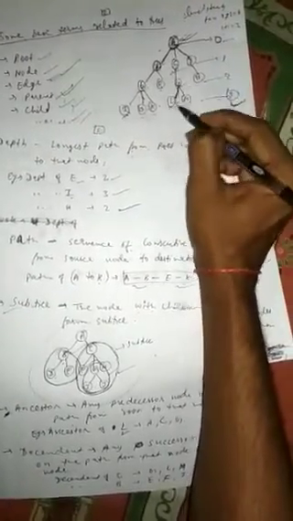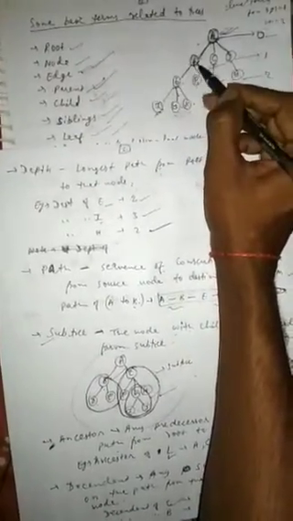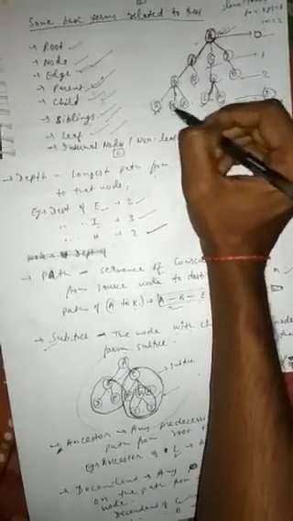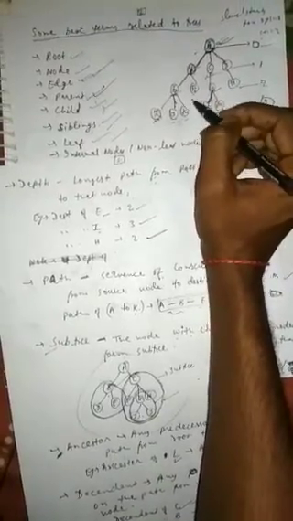G, L, M. So here G, L, M are the descendants of C. When we take B, what are the nodes below B? E, F, I, J, K. These all five nodes are descendants of B. Okay, again at last we see some important notes regarding this.